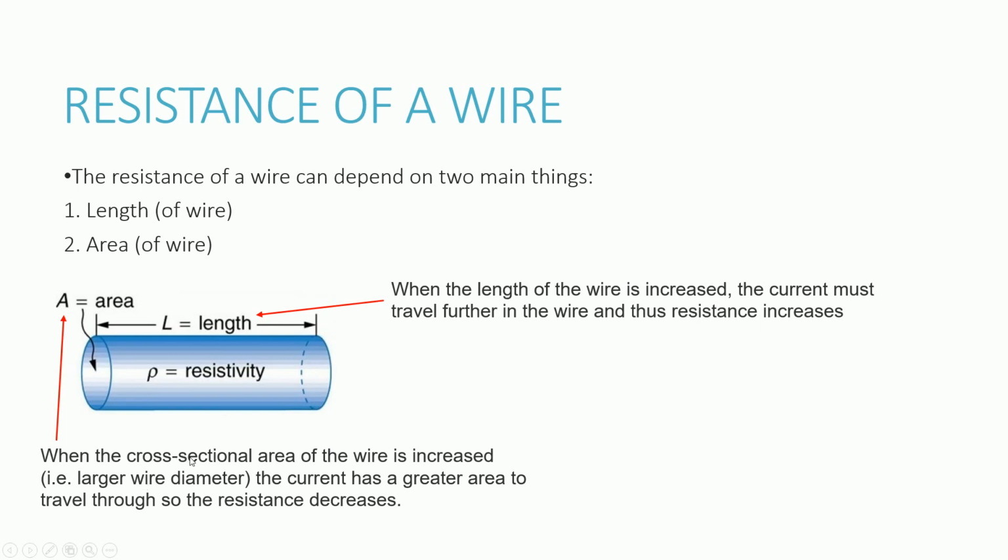Oppositely, when the cross-sectional area of a wire is increased, for example, if you increase the diameter, the current has a greater area to travel through, so it has to work less to go through the wire, therefore the resistance decreases. So these relations are really important. As the length of the wire increases, the resistance increases, and as the area of the wire increases, the resistance decreases.